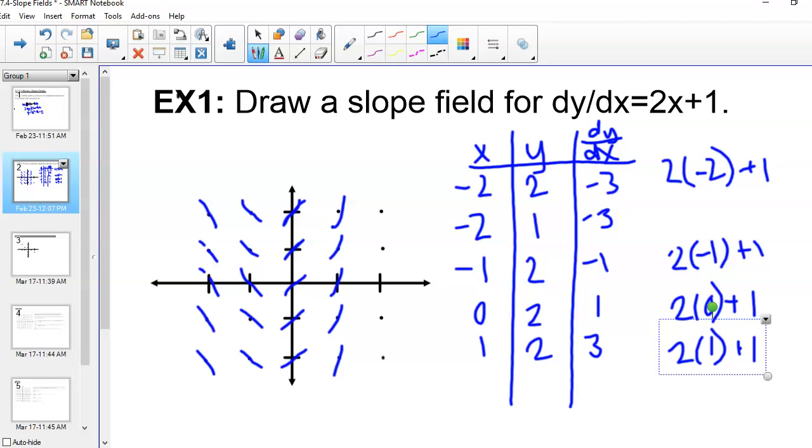And then this last point over here, we would have 2, 2, and if we plug in 2, 2 times 2 plus 1, it's going to give us 5. So these right here would look even steeper than the 3s.